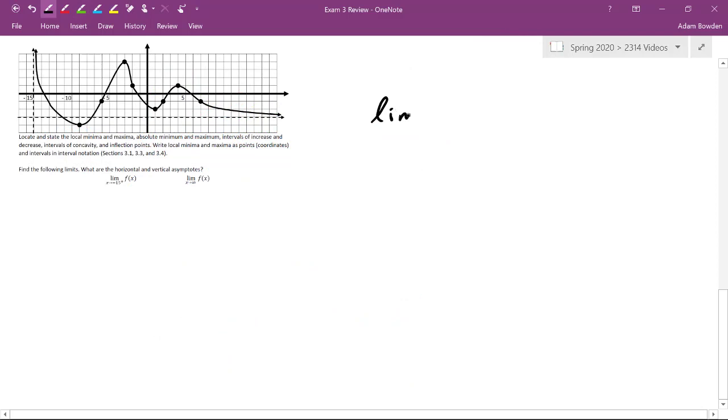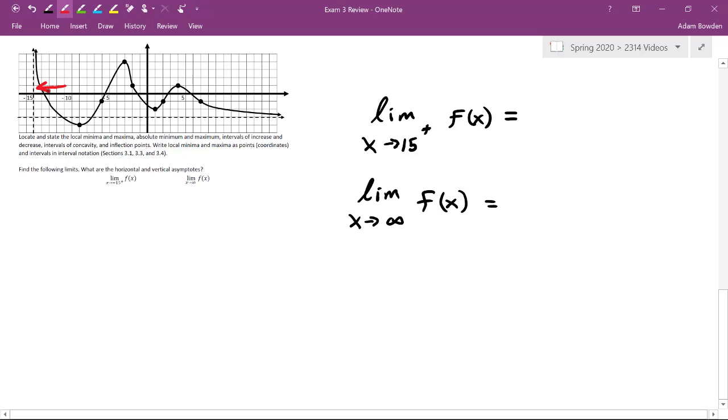And then the last two things we'll take a look at are the limit as x approaches -15 from the right of f of x, and the limit as x approaches infinity of f of x. So if we look at the graph as x approaches -15 from the right, as we come in from this side, as we've done before, we'll look at the direction the graph travels.